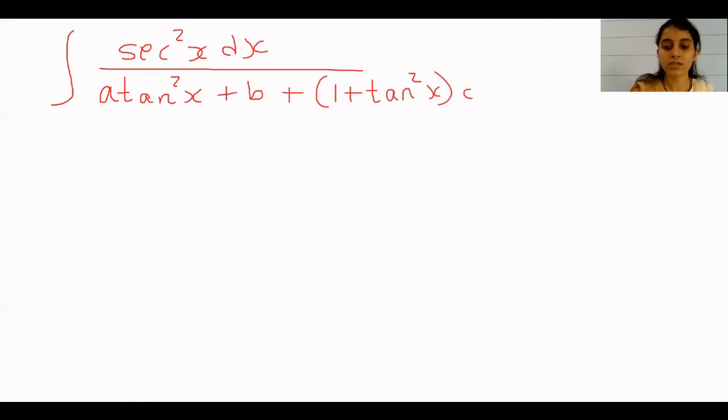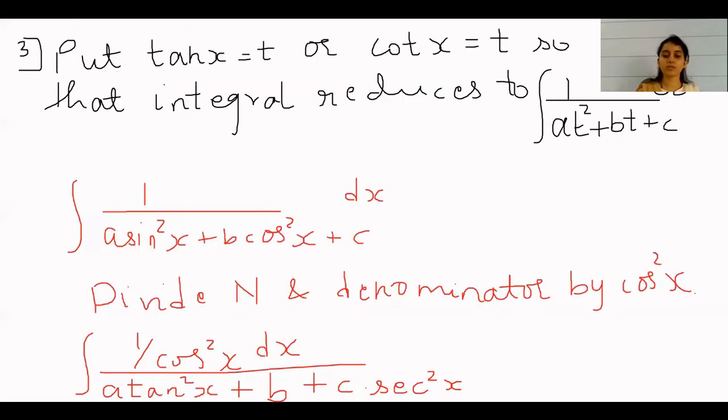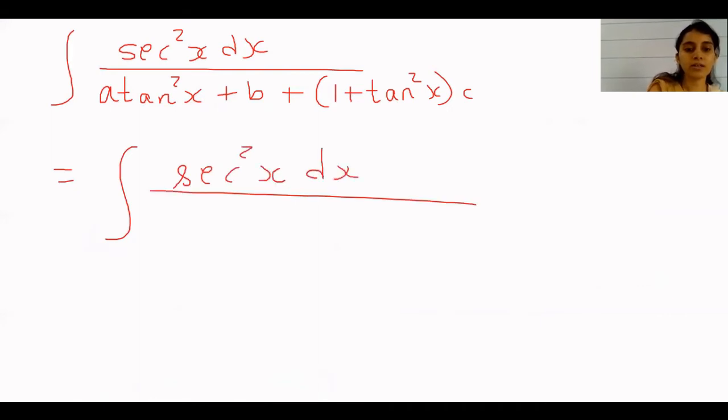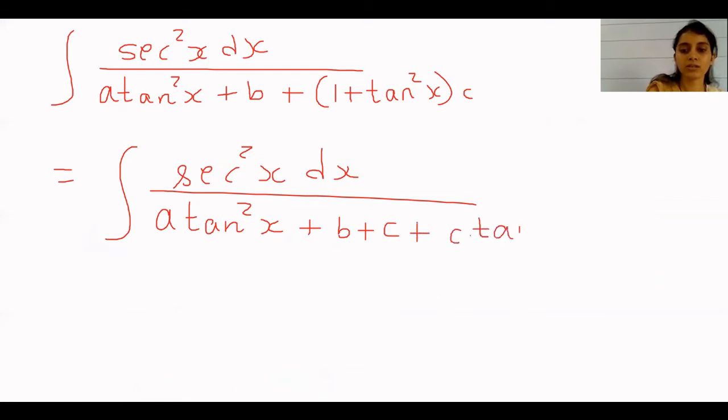Is that correct? Sec square x will be 1 plus tan square x into c. So we are going to get integration of sec square x dx divided by a tan square x plus b plus c, plus c into tan square x.